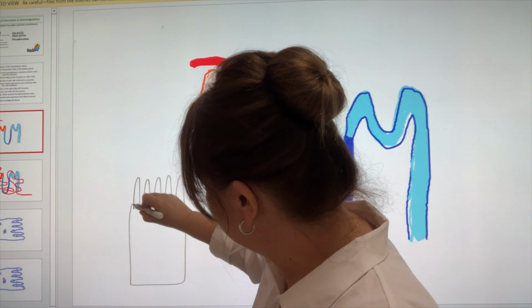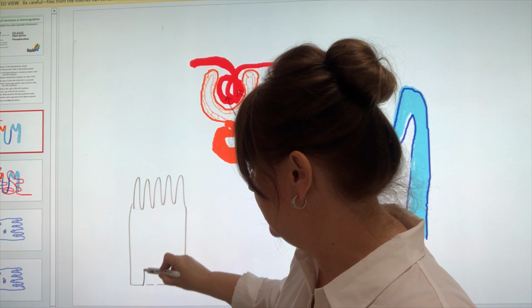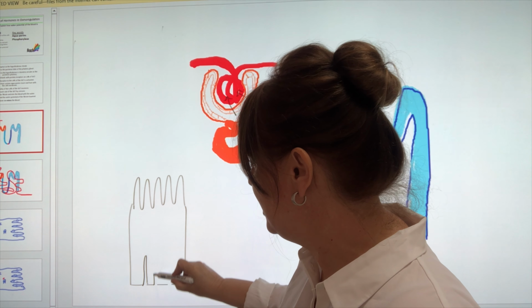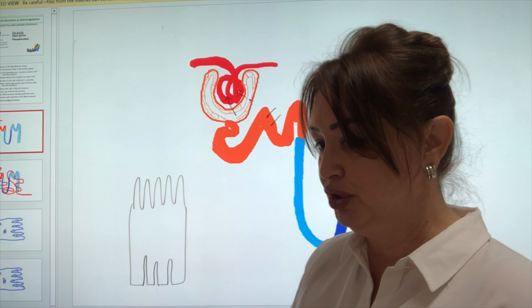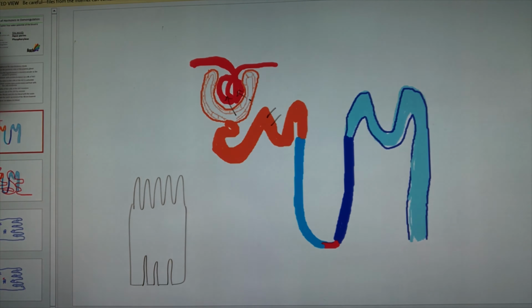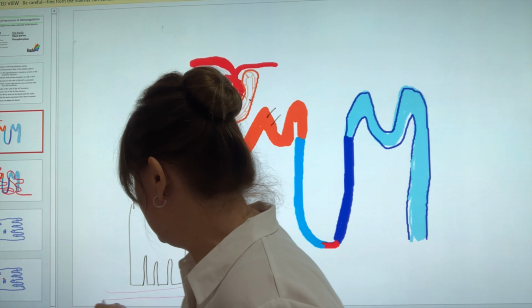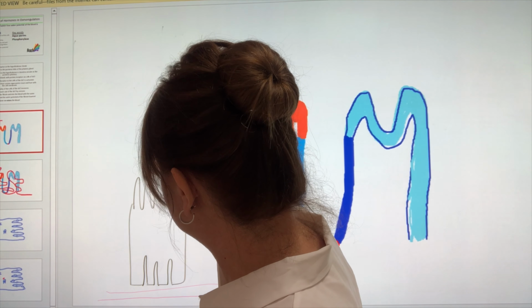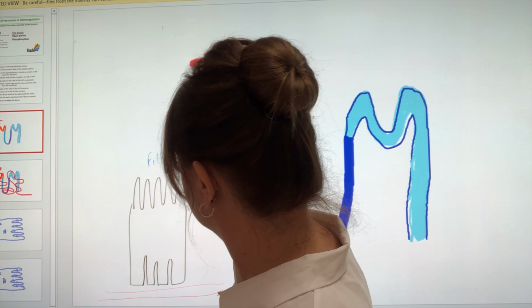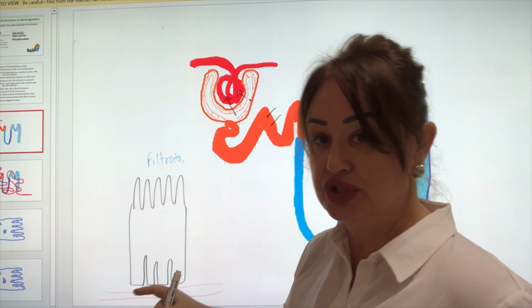When they come down, the basement part of the cell has these invaginations. And of course, the blood capillary would be flowing by like this. So this is where our filtrate is, and our cell, and our blood capillary.